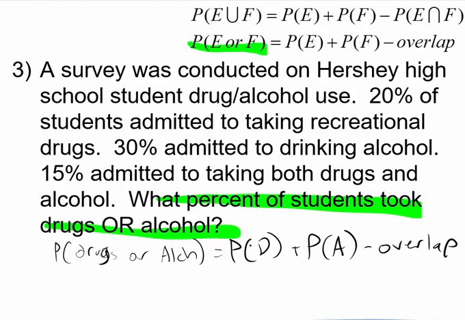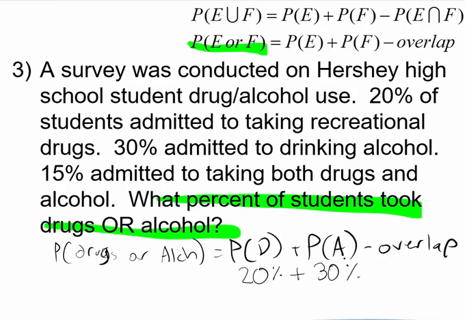Now, we'll start off with the probability of drugs. So 20% of students admitted to taking recreational drugs, so I'll just put a little 20% in here. You could write it also as 0.20 if you wanted to use decimals, that's okay too. Plus 30% admitted to doing alcohol, so we'll put that here.